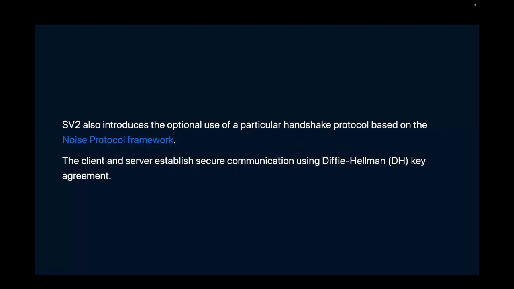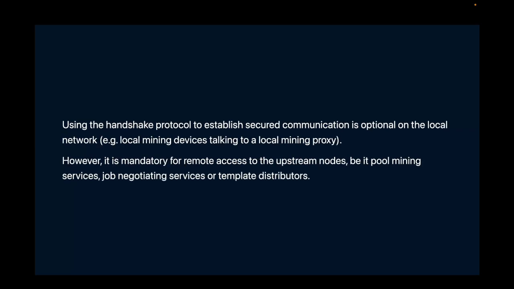Stratum V2 also introduces the optional use of a particular handshake protocol based on the Noise protocol framework. The client and the server establish secure communication using a Diffie-Hellman key agreement. Using a handshake protocol to establish secure communication is optional on a local network.